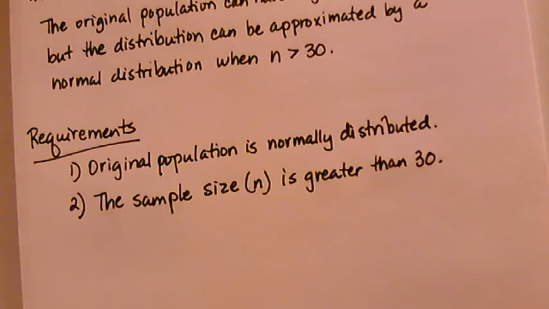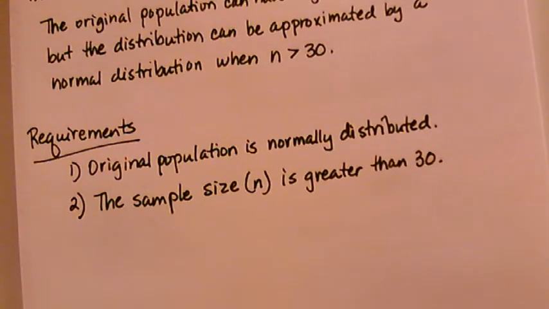One of those two cases must be met for you to apply the central limit theorem. If you don't have a population that's normally distributed, and if your sample size is less than or equal to 30, then that means you cannot apply the central limit theorem. You have to use other methods.